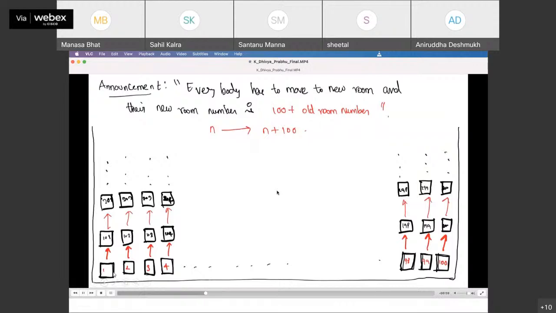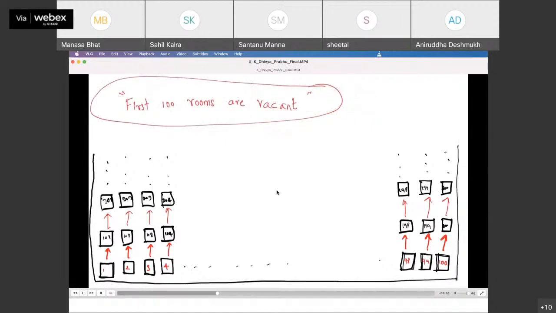That means people living in the first room go to the 101st room, the second room to the 102nd room, the third room to the 103rd room, and this process keeps on going. The fruitful thing in this process is that the first 100 rooms will now be vacant, so he can assign those 100 people to these rooms. Now this problem is also resolved.